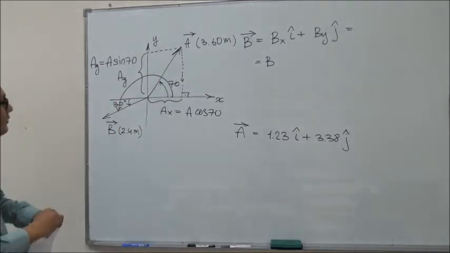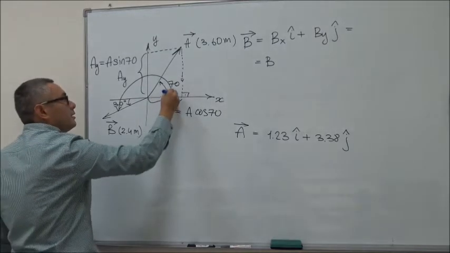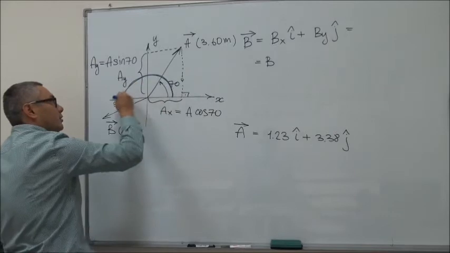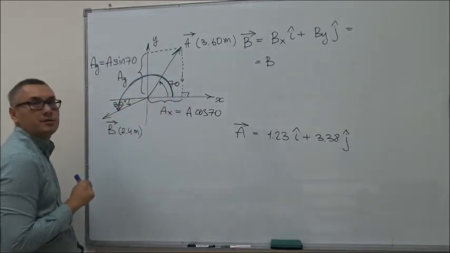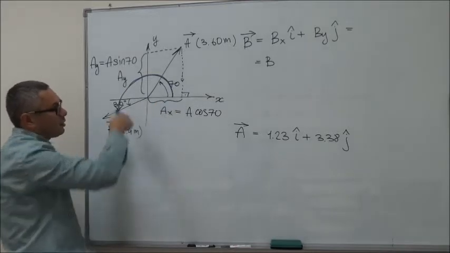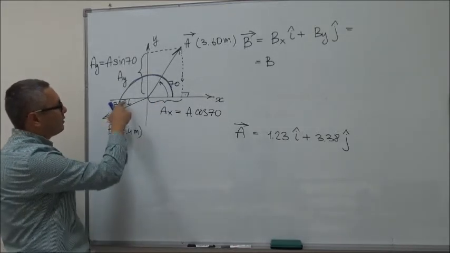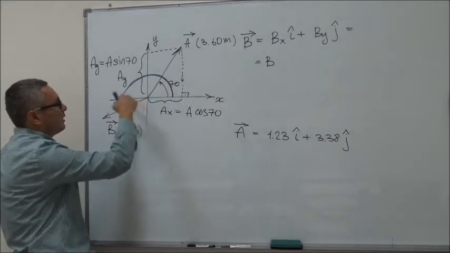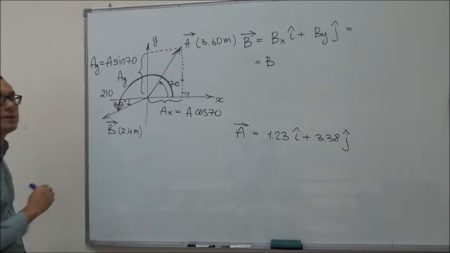Now let me use a different color here. So this is the angle we're talking about. Okay? We're starting from the positive x direction. We always count it counterclockwise, starting from the positive x direction. So if this angle here is 30, and this is 180, in total this gives us 210 degrees.